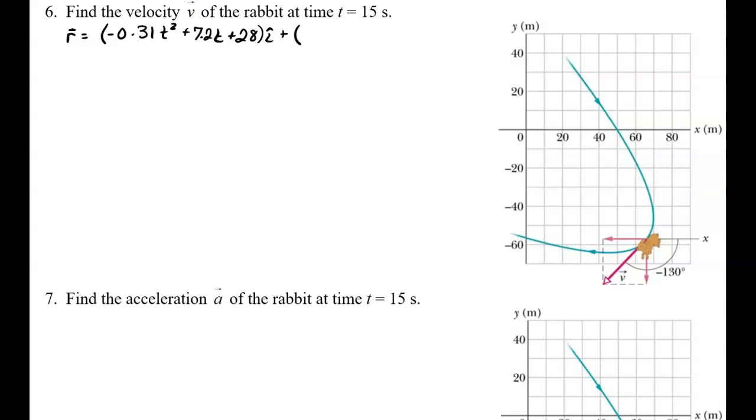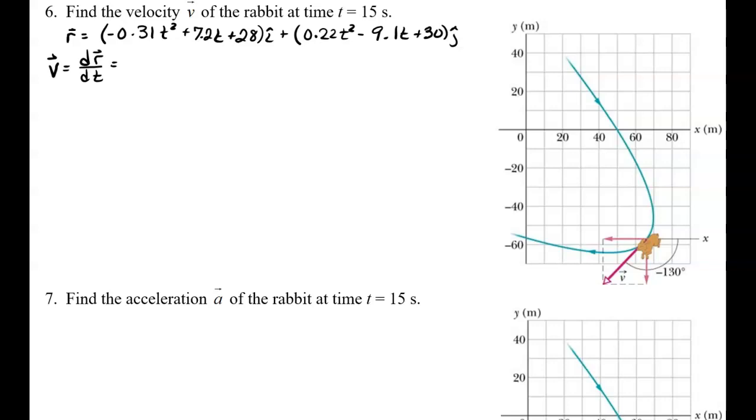My y coordinate was 0.22 t squared minus 9.1t plus 30. And again, that's in the j hat direction, my y direction. So to find the velocity, my velocity is a vector. It's the derivative of that position function with respect to time.